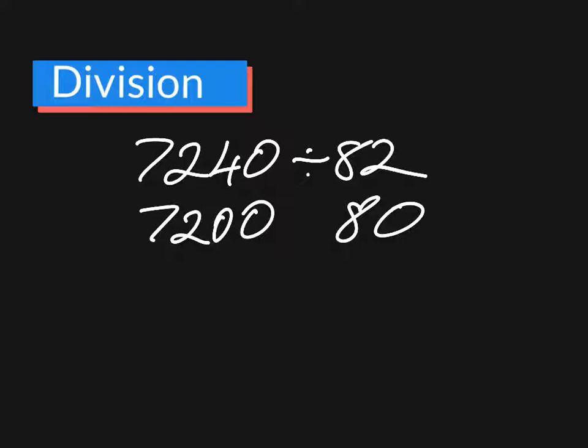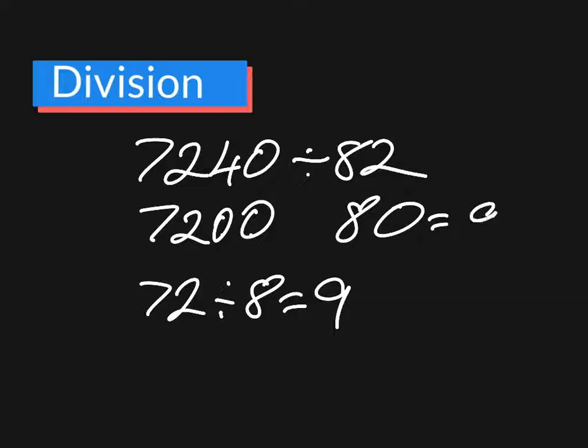So we know that 72 divided by 8 is 9 from our knowledge of the division facts. So what is 7,200 divided by 80? Well, 7,200 has 2 zeros and 80 has 1, so there's probably one more zero. So we can approximate that that would be 90. So 7,240 divided by 82 is approximately 90.